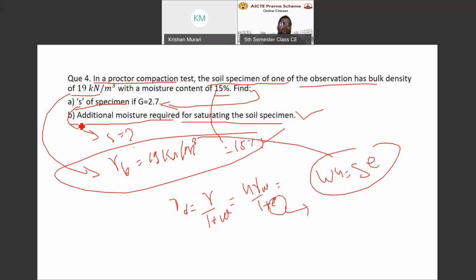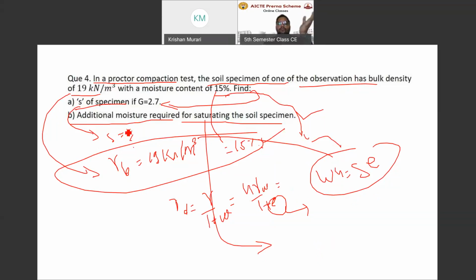Now, what is the question? The additional moisture required to saturate the soil specimen. If the water content is 15%, then you find the degree of saturation here. If the saturation is 100%, what is the additional moisture content to be determined?